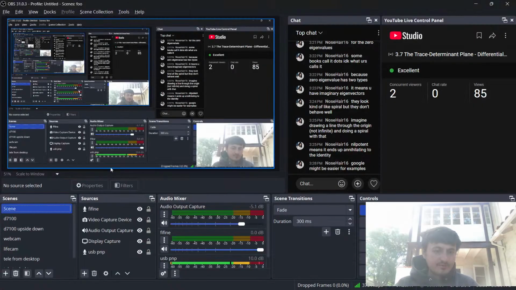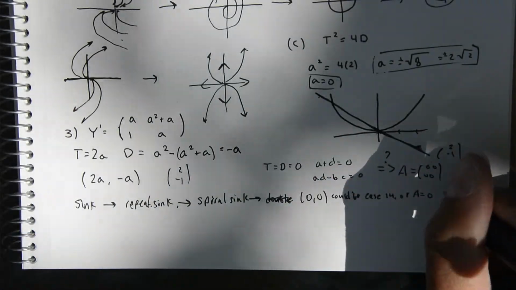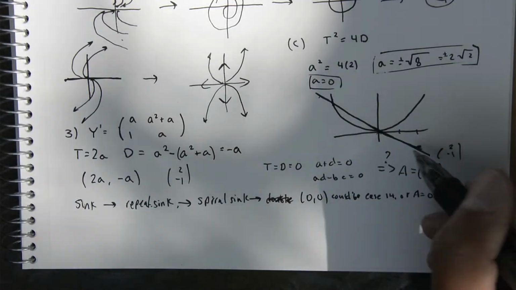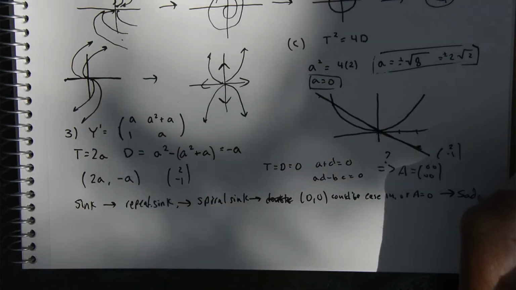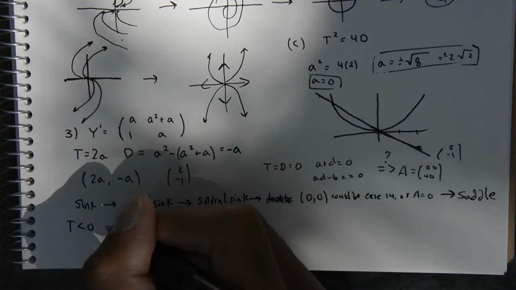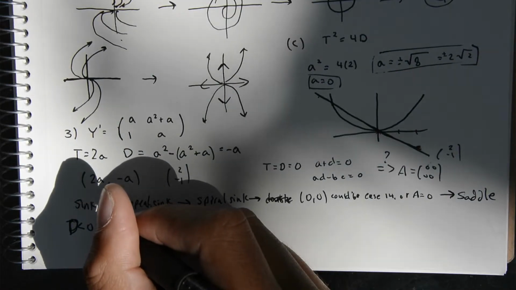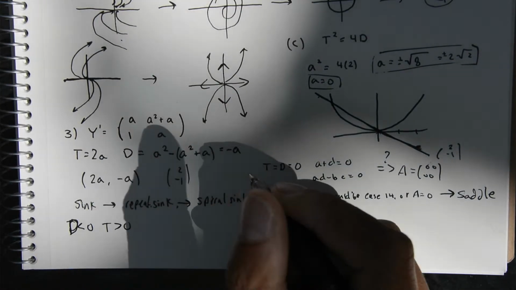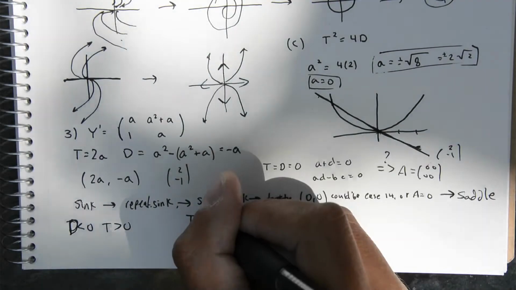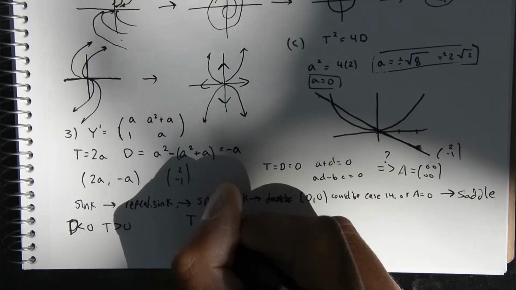And then finally, what do we go to? After that, we're going to go to here, which is a saddle, right? So this is where d is less than 0 and t is greater than 0. So we have t plus or minus square root of t squared minus 4d over 2.